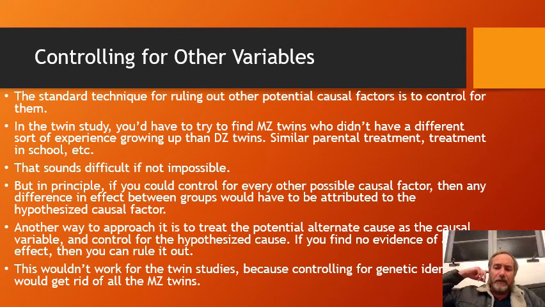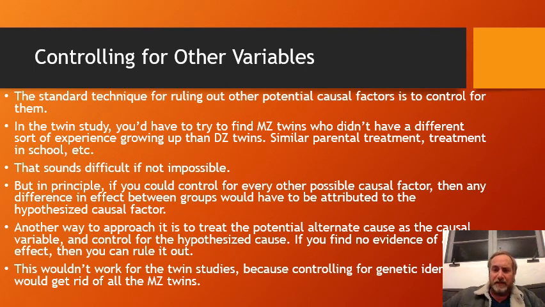Sometimes when it's really difficult to control for that, one way to approach it is to flip it and treat the potential alternative cause as the causal variable, and then control for the hypothesized cause and see if you find evidence of an effect. And if you don't, then you can say, okay, I guess it's not a causal factor, and we can forget about it and go do our regular study.